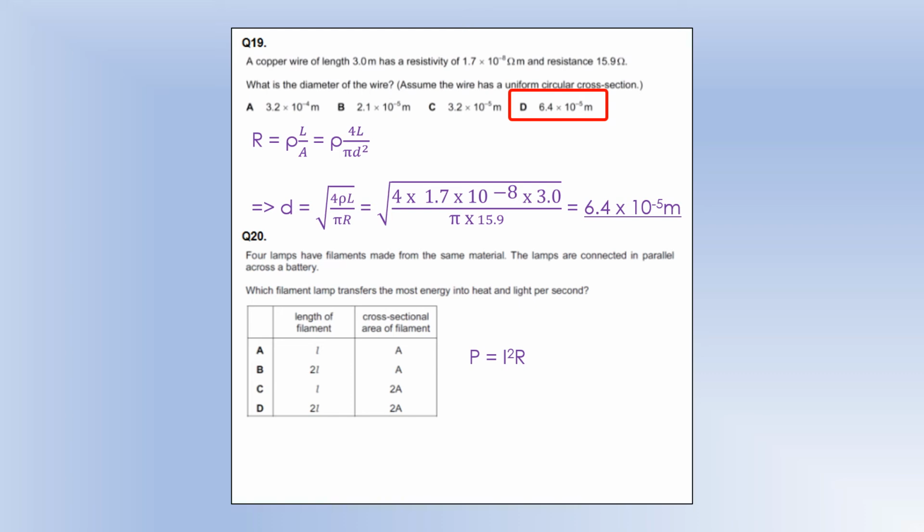Since we can't give two answers to the question, it can't be either of those, because those two factors of 2 would cancel each other out. B would give you twice the resistance but half the current, so that will give you lower power. Option C gives you half the resistance but double the current, so it's clearly going to be option C.